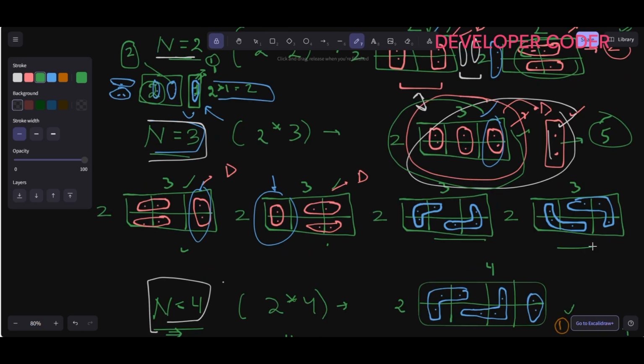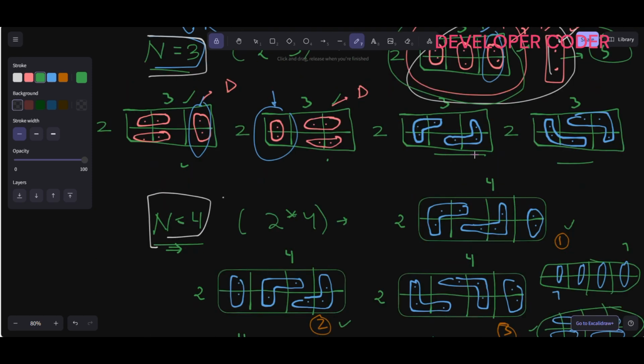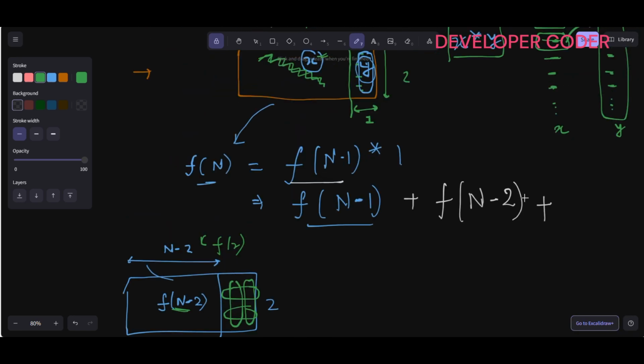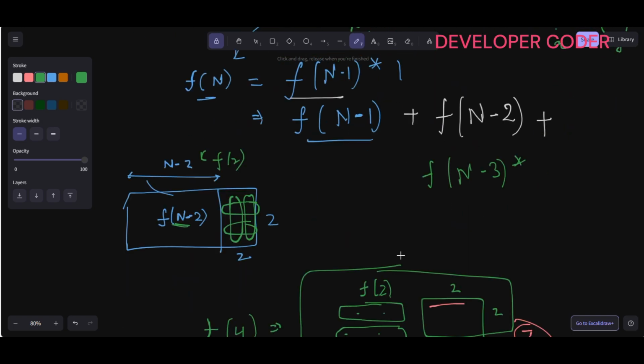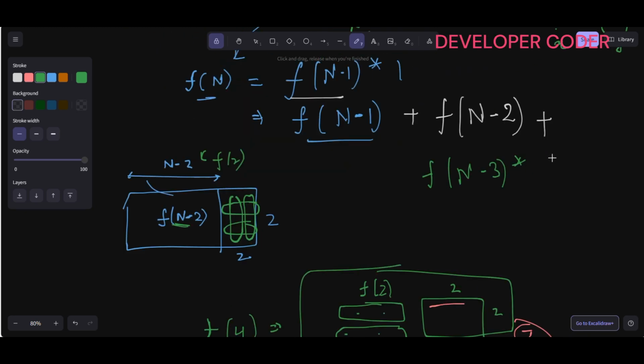So these two we can consider. These are the new ones, which we haven't seen in the past. So these are the two ways here. So I can say plus f of n minus 3 into, on this side where there is 3 into 2, two ways. Two ways.